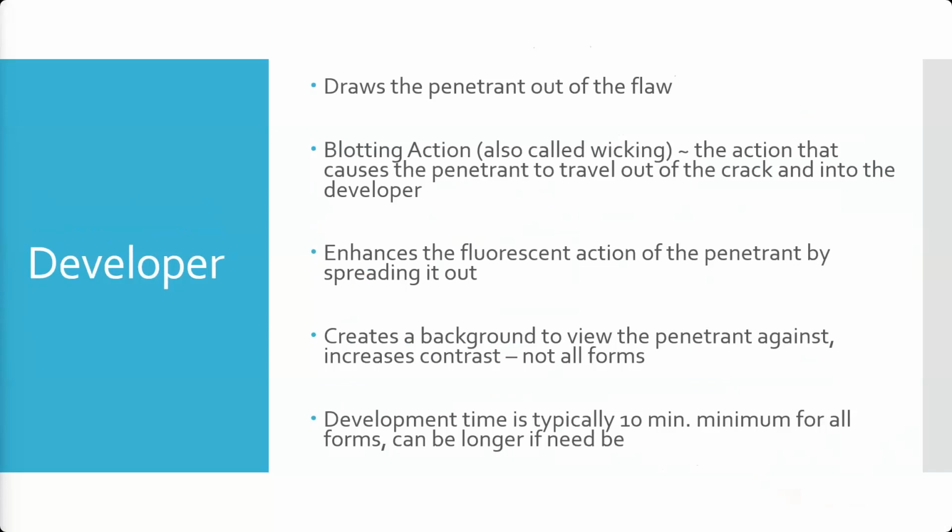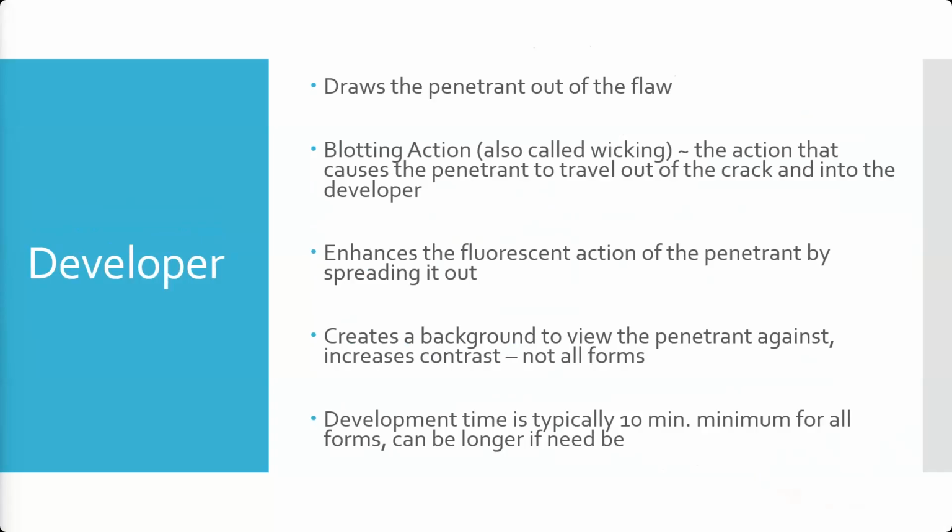The other thing that it does is that many forms of developer, not all, but many, essentially turn the surface of the part typically white. They leave a chalky residue on the surface. That chalky residue is what performs the blotting action, first of all.